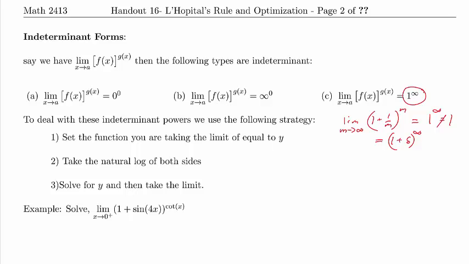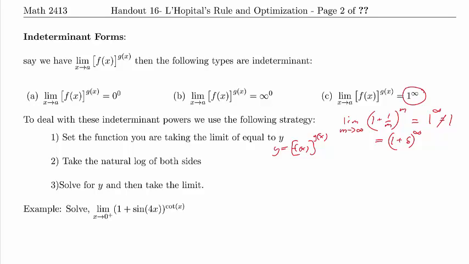All right, so we've got some strategies to deal with these guys. And it'll be this. First, we're going to set the function you are taking the limit of equal to y. That is, we're going to say y equals f of x raised to the g of x, right? No, we're not dealing with the limit right now. And now we take the natural log of both sides.